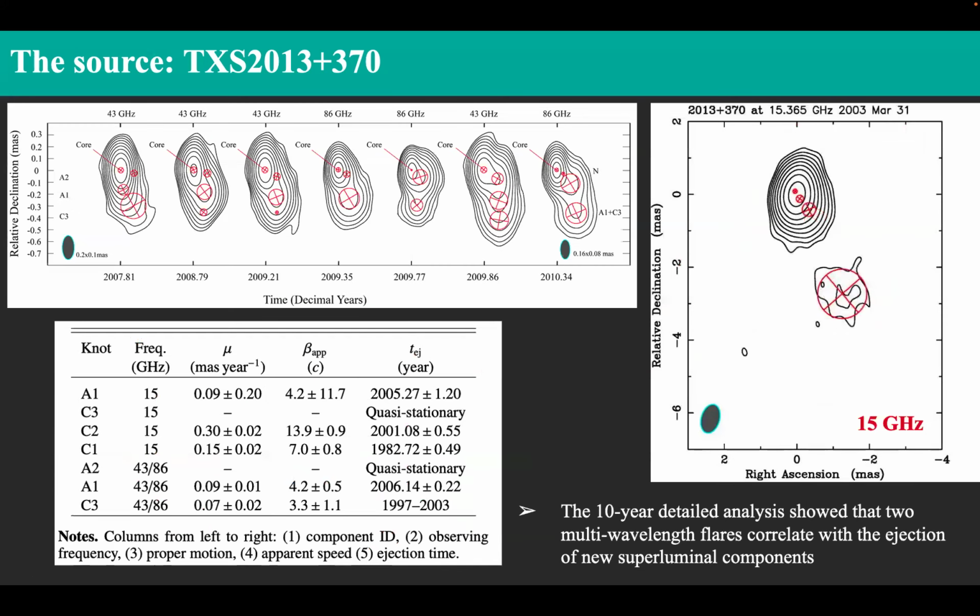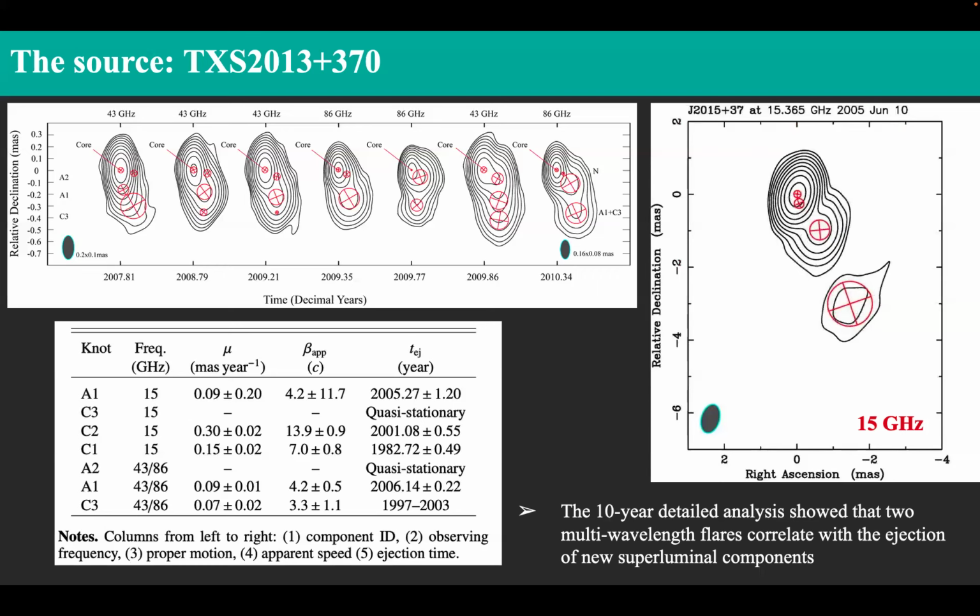Okay, now using this data, they do a kinematics analysis at 43 gigahertz, 86 gigahertz, and 15 gigahertz. And after 1 year, the flare, they saw that there was a new component in the jet, which indicates that the location of the gamma ray is very close to the jet apex.